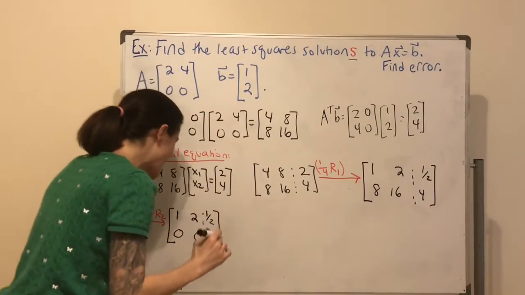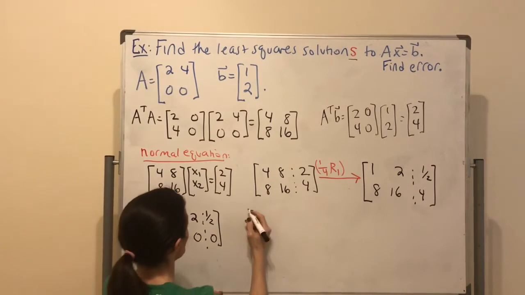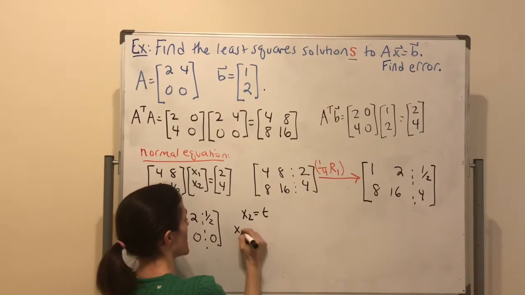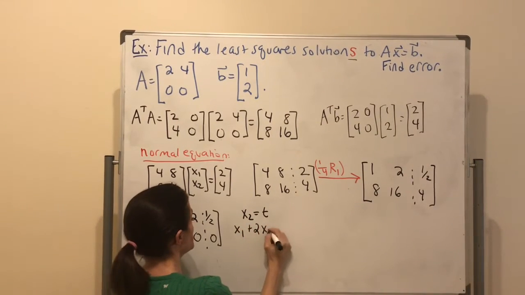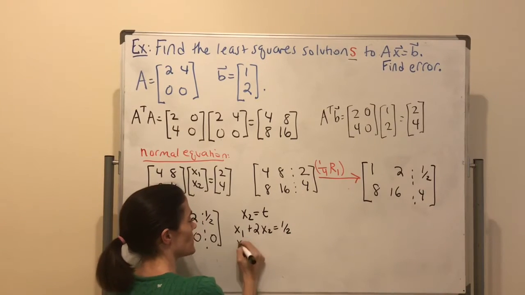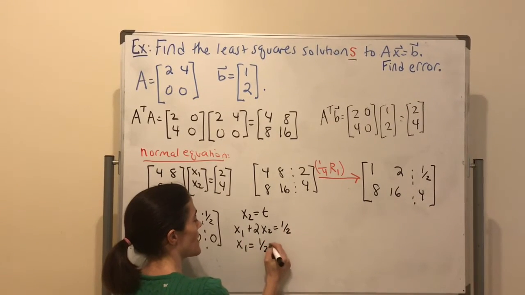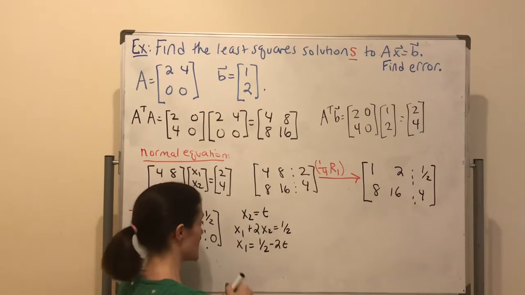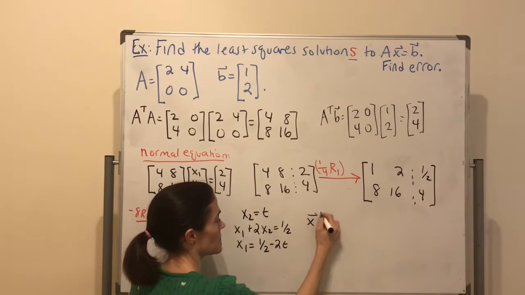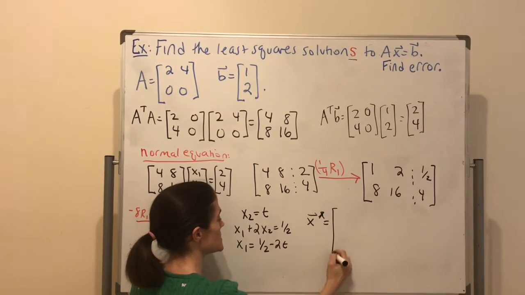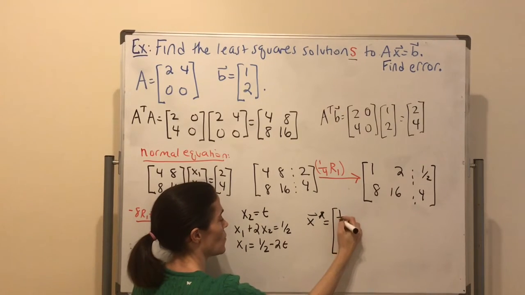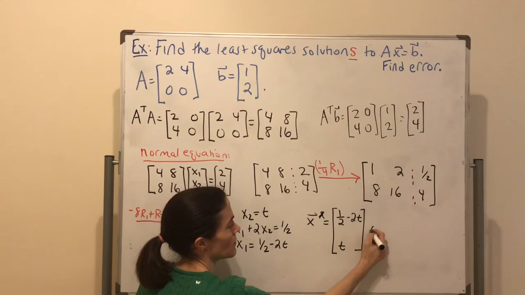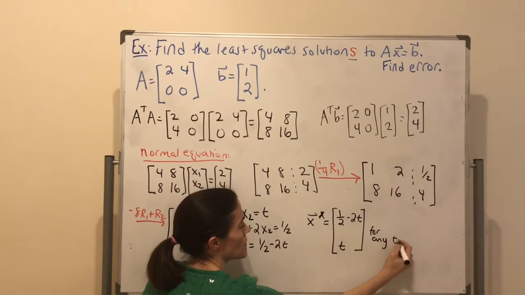Okay, here we go. So x2 is free. Say x2 is t. Then we get that x1 plus 2 x2 is a half, or equivalently, x1 is 1/2 minus 2t. So my solutions here, I'll even label it with a star, a least squares solution is (1/2 minus 2t, t), and this is for any scalar t.